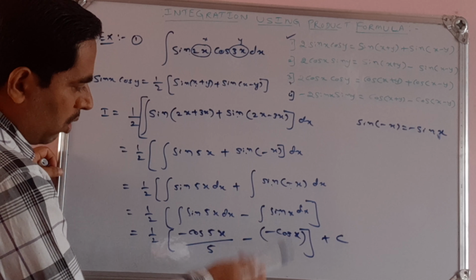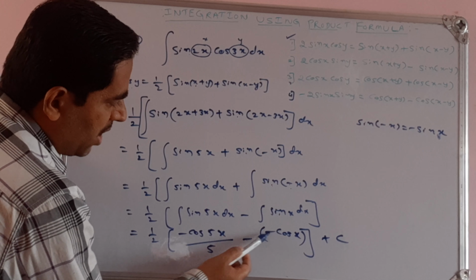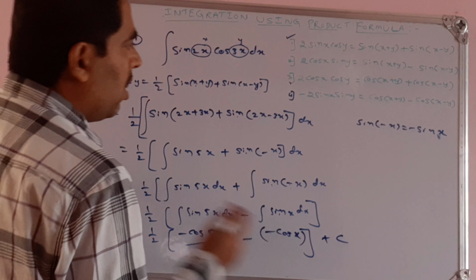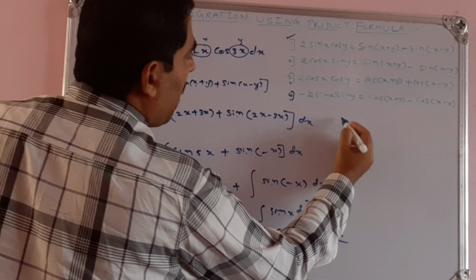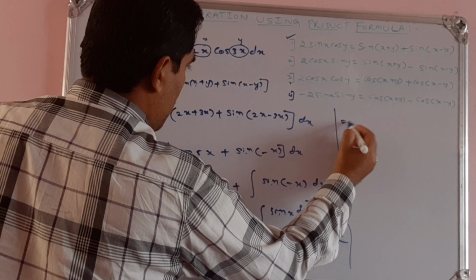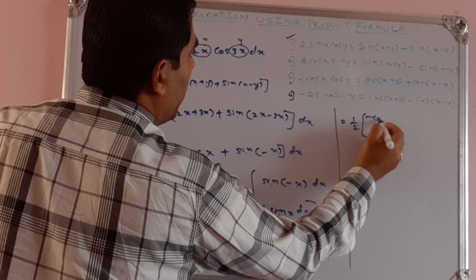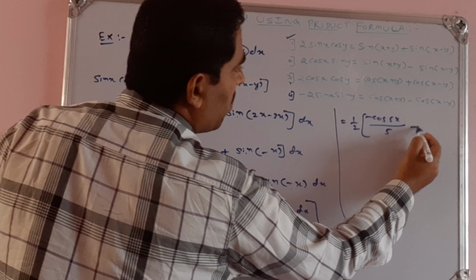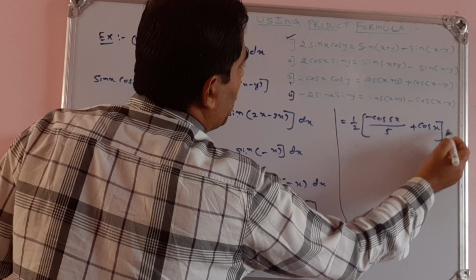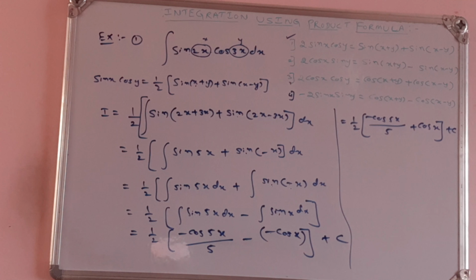In the next step, minus into minus becomes plus. So the last step is half into, minus cos 5x divided by 5, plus cos x, plus the constant of integration.